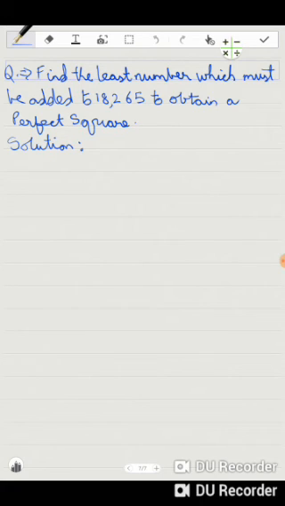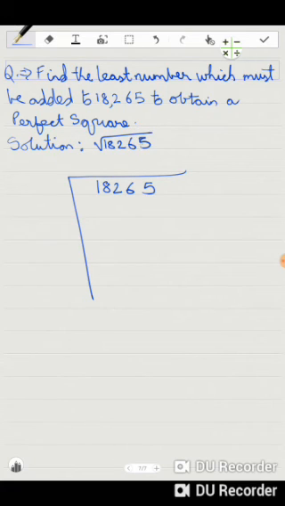So in this case as well, we will first go ahead and find out the square root of 18,265. So I'll pair it up: 65, 82 and 1 would be available. So 1 one is 1, remainder 0. I add 1 to itself, 2 dash, I bring down 82.